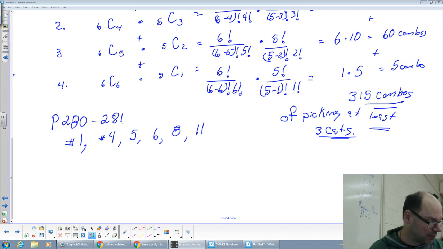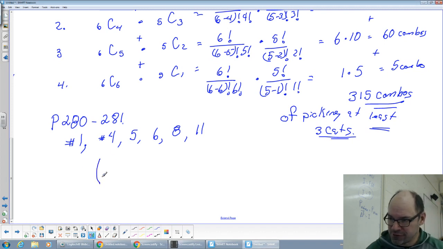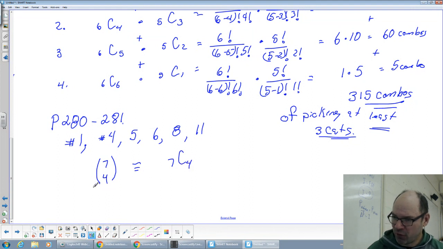Keep in mind, if they do combinations with brackets around it like this, say 7 and 4 here, that's equivalent to saying 7C4. So don't forget that some of them in question number 4 have brackets. Okay, good luck. Give those a try. And next day we'll be looking at the blended problems that can happen.